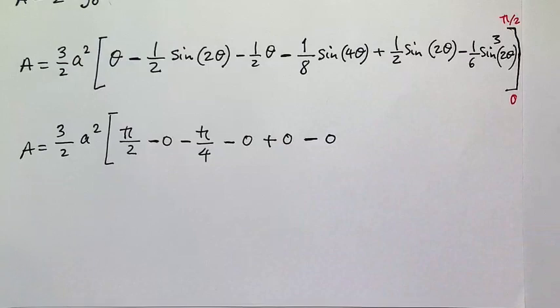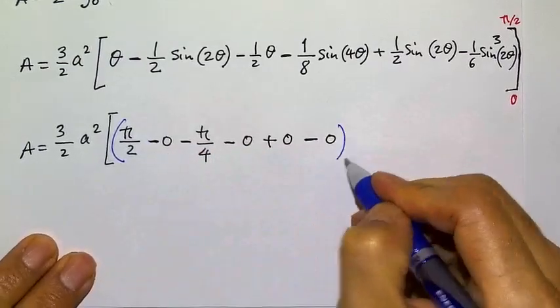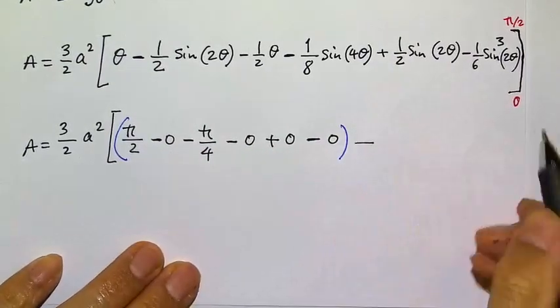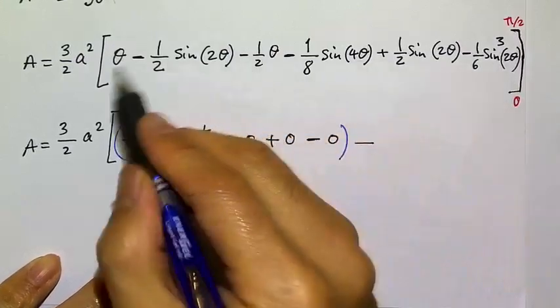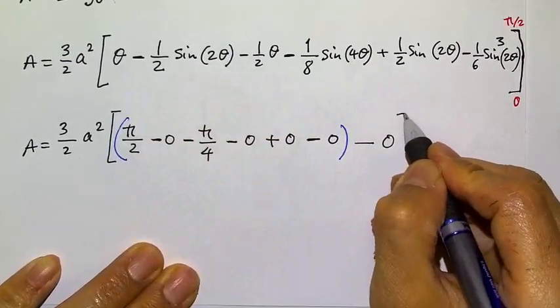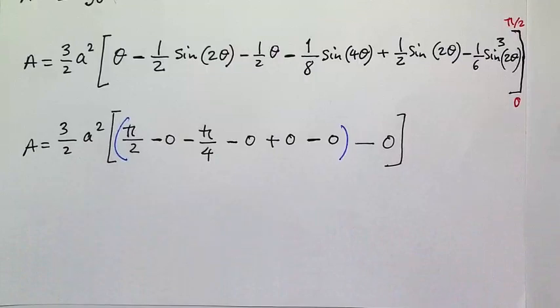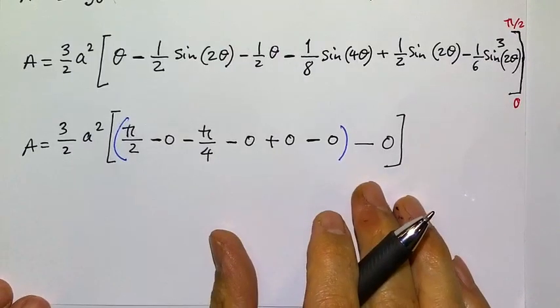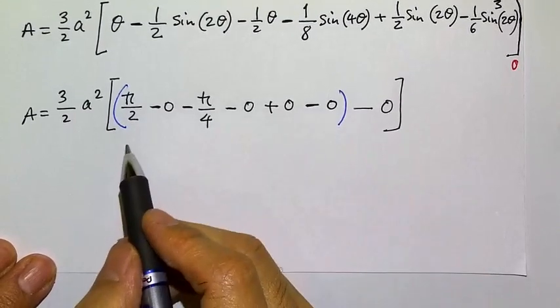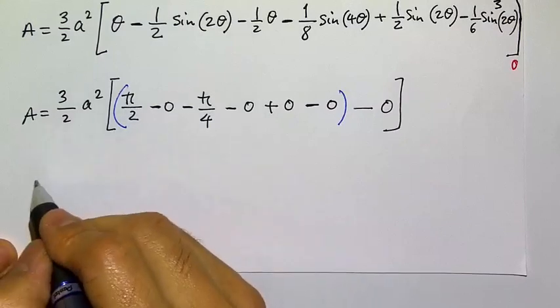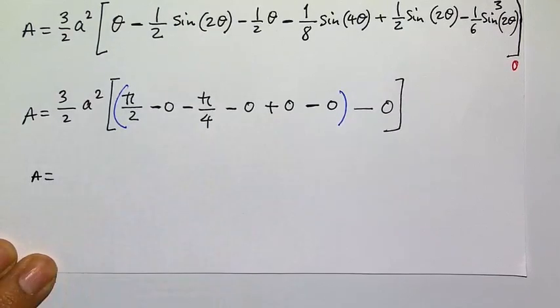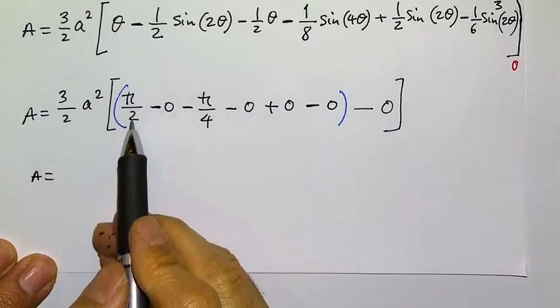So all of this, and of course, minus, when you substitute these for 0, you get that 0 as well. Okay, so our result then simplifies to all of this. So let's see. A is equal to pi over 2.